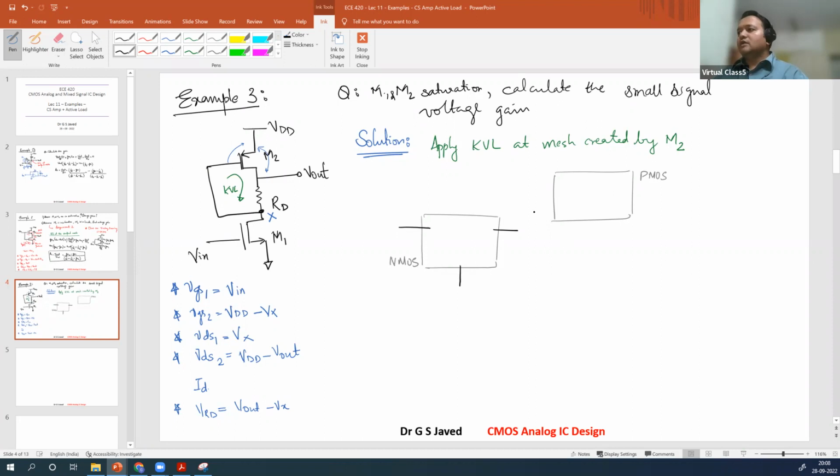This will be gate, drain, source. Now let's see how do we connect. V in is connected to the gate here. Same applies here. Then GM V in. And there is R out.